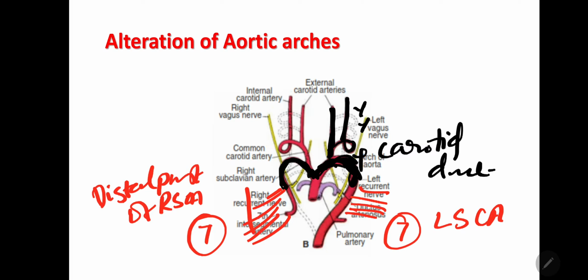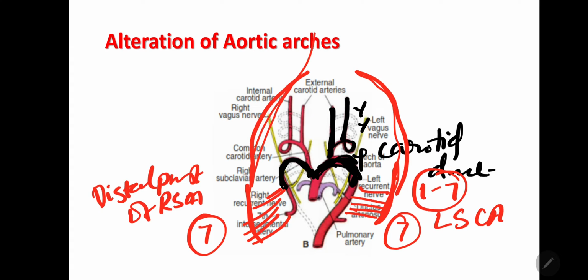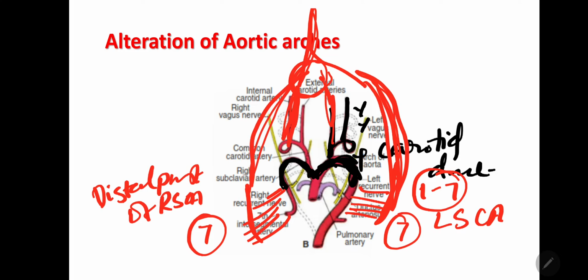These intersegmental arteries, 1 to 7, are connected by an elongated channel. This elongated channel will elongate and meet in the base of the brain to form the basilar artery, and this internal carotid artery joins it to form the circle of Willis.